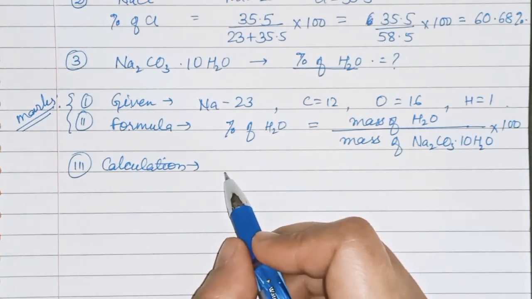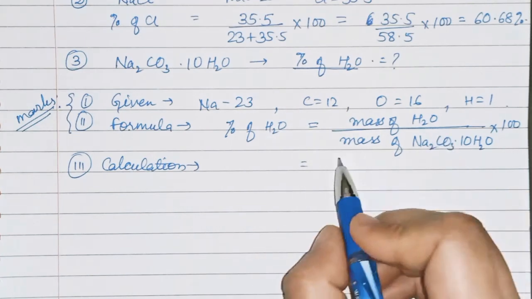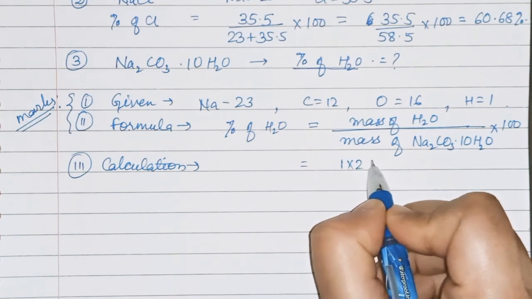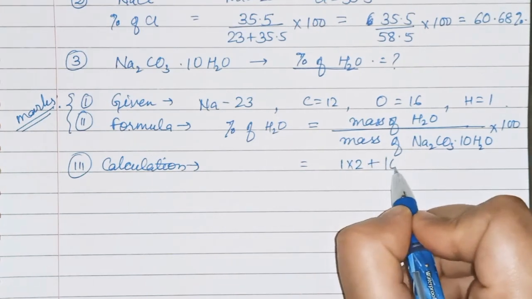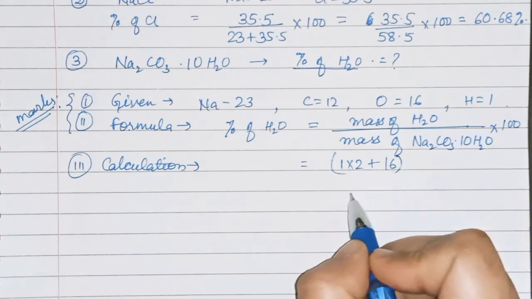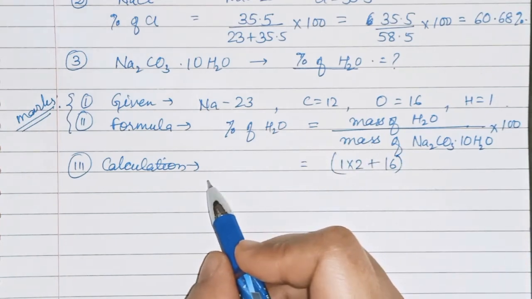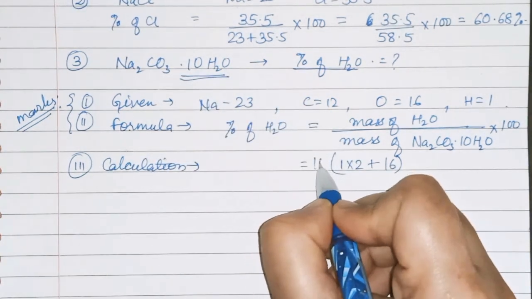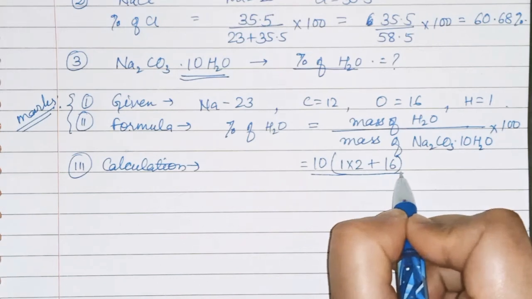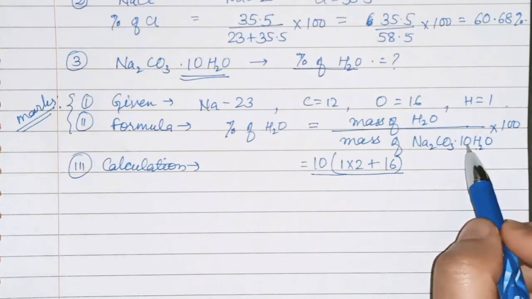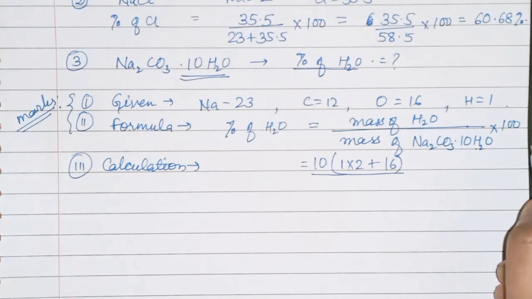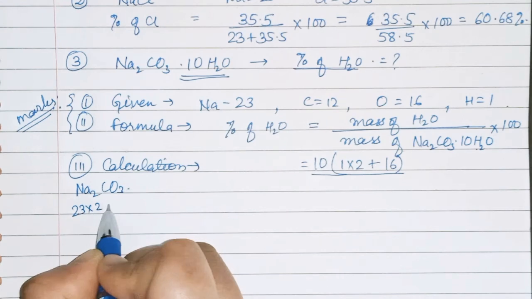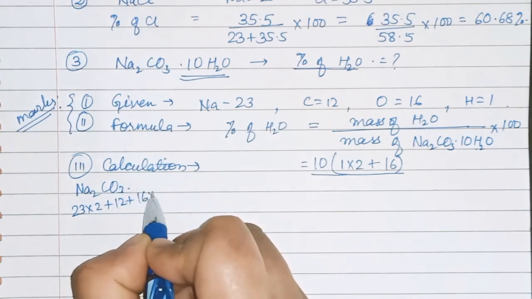Now here you will write percentage of water is equal to mass of water: hydrogen is 1 into 2 and oxygen is 16. So this will be the mass of water. But how many water molecules are present in the question? See here, 10 molecules. So you will multiply this water by 10. And now the mass of sodium carbonate, Na2CO3, is 23 into 2 plus 12 plus 16 into 3.